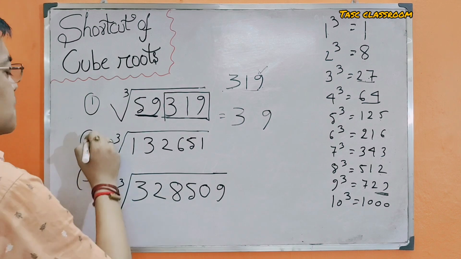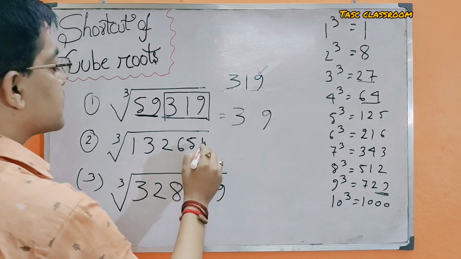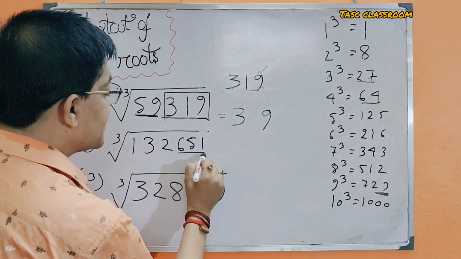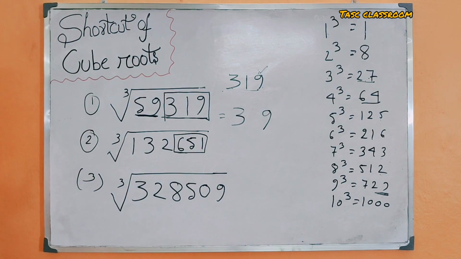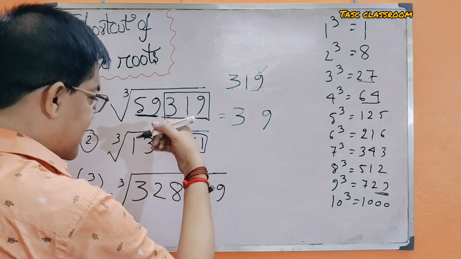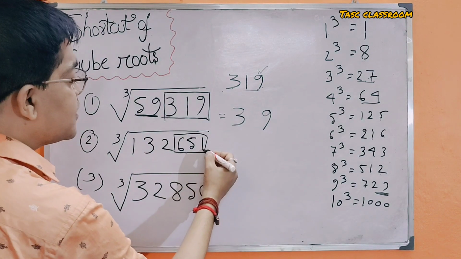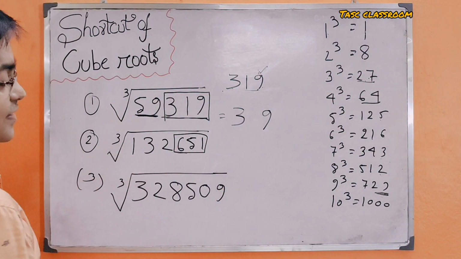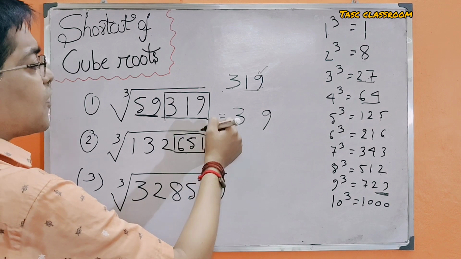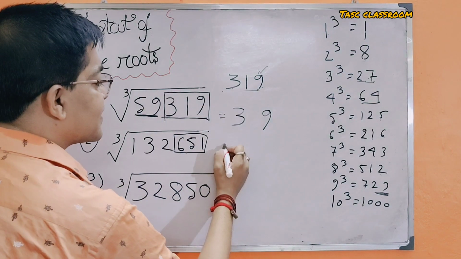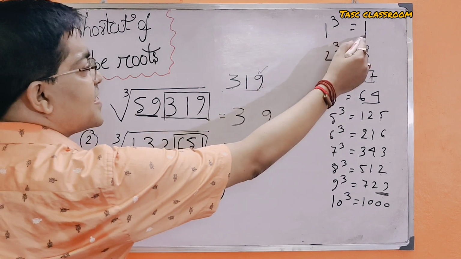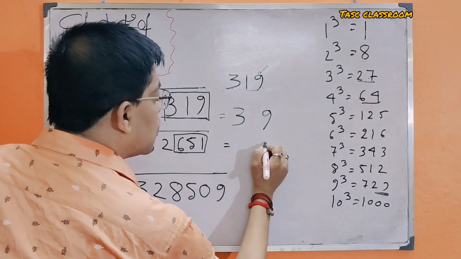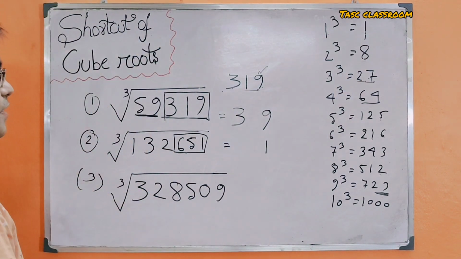Now, for example 2, the last 3 digits are 651. The 651 ends with 1. We have to find which cube ends with 1. That is 1 only. We write 1.